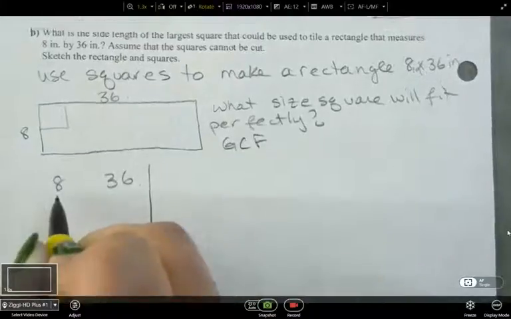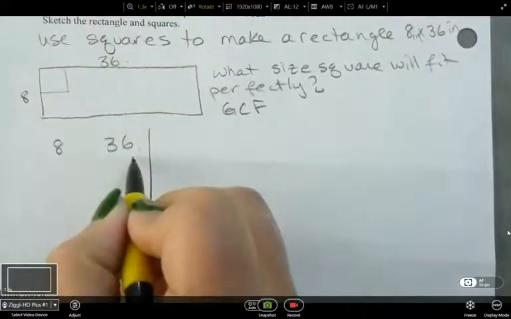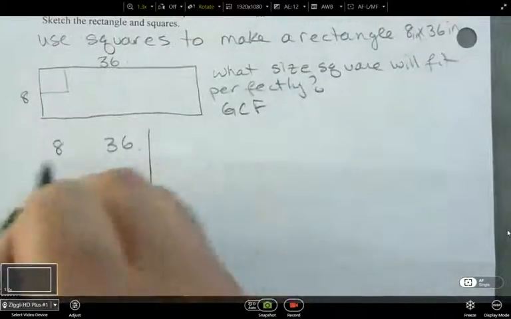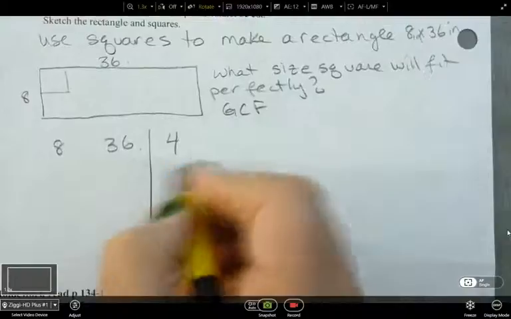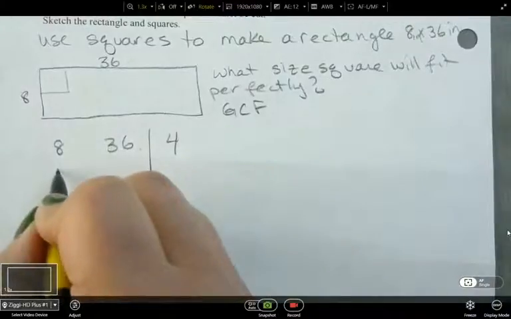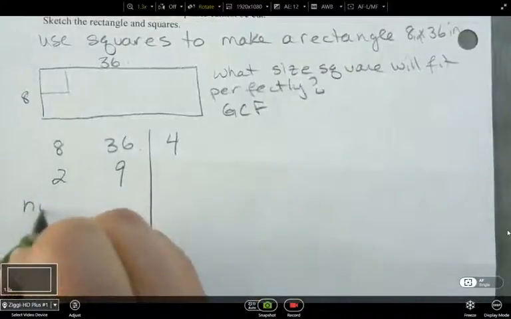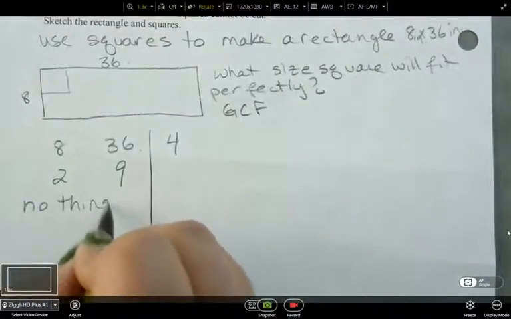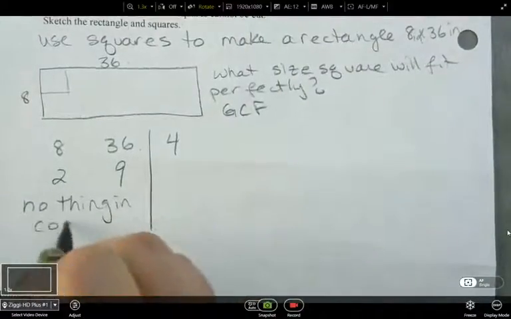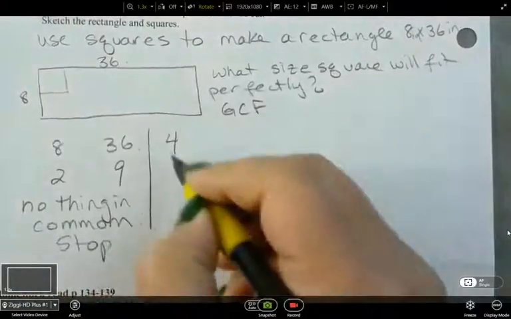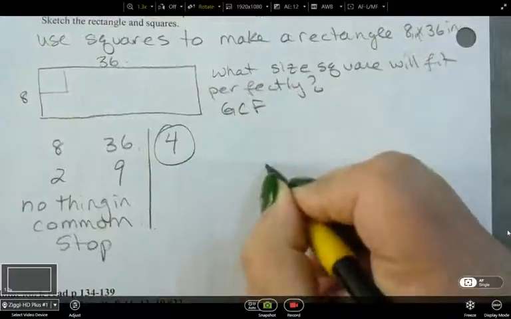So we have to look for all the factors that are in common, right? If I know that 4 goes into both, I can just divide 4 out right away. I'm left with a 2 here, and what's left here? 9. So now there is nothing in common, so I stop. Okay, and 4 is my GCF.